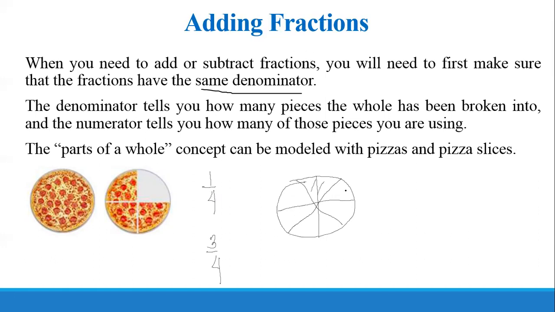Someone ate three slices of the pizza. So, this will leave you with 5/8. Now, how can you describe the total amount of pizza that is left with one number rather than two different fractions?